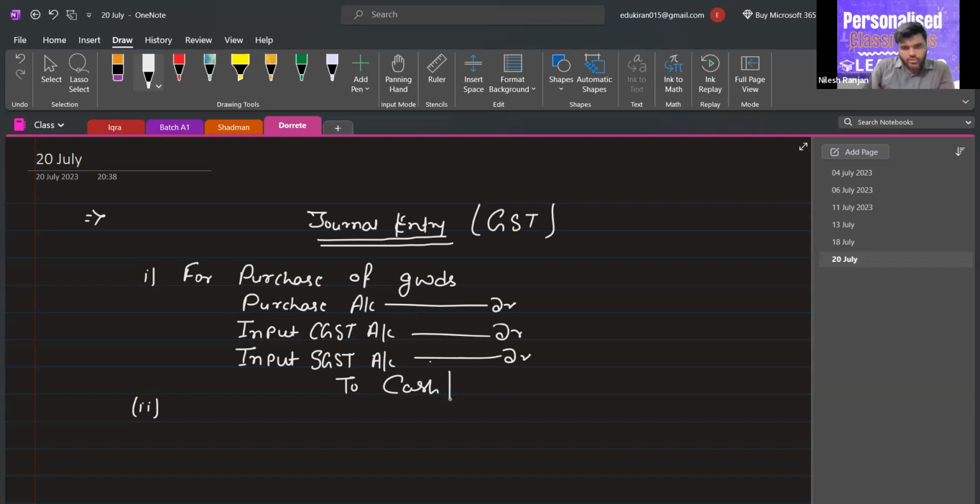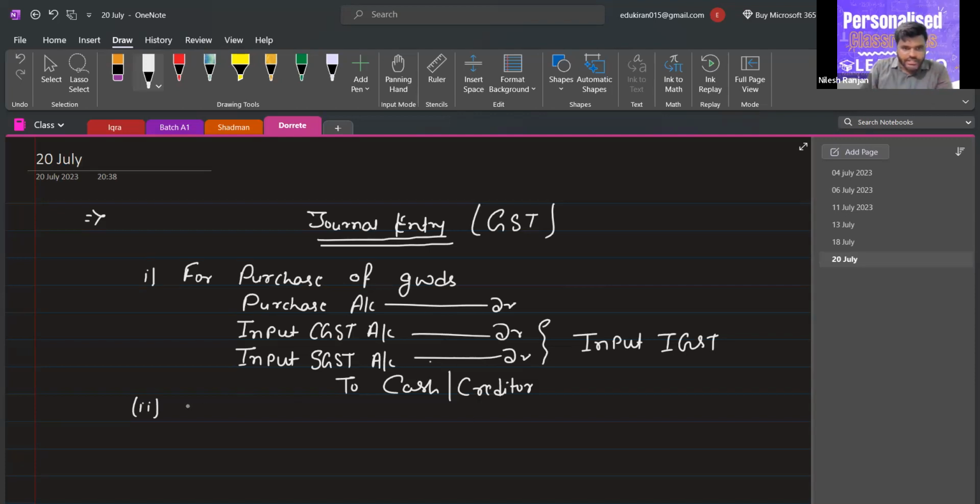Cash or creditors. And in place of these two, input CGST and input SGST, we can write input IGST if the transaction is interstate, meaning one state to another state. Okay, so in that case, we will remove these two and write input IGST. Is that clear? Yes, sir.